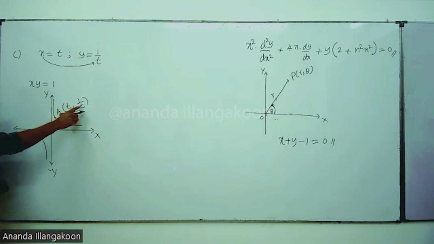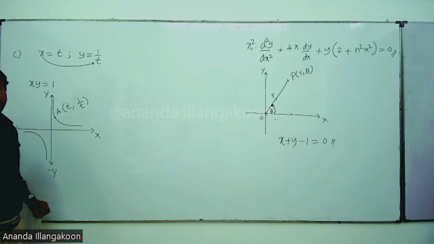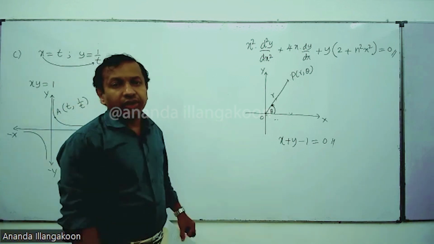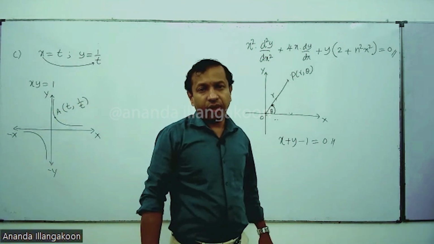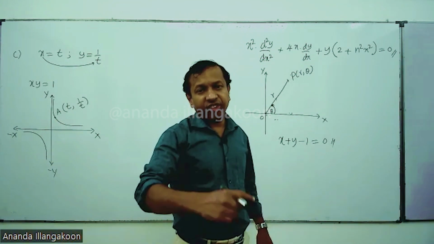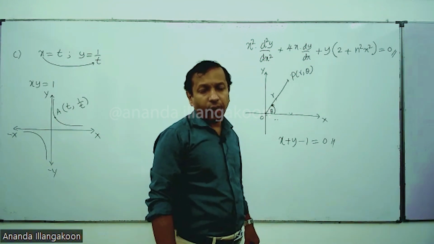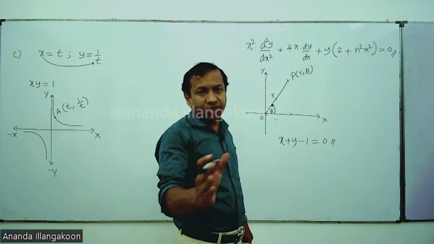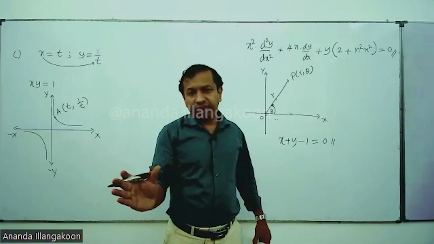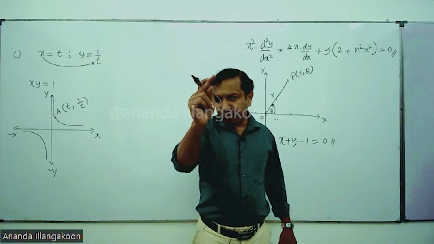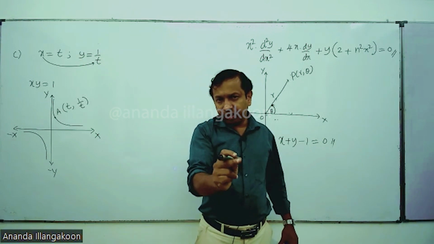When you change this t value from that real number to another real number, we get another point on the same hyperbola, but at a different location. So by putting real numbers for t, we can move that point along the hyperbola.